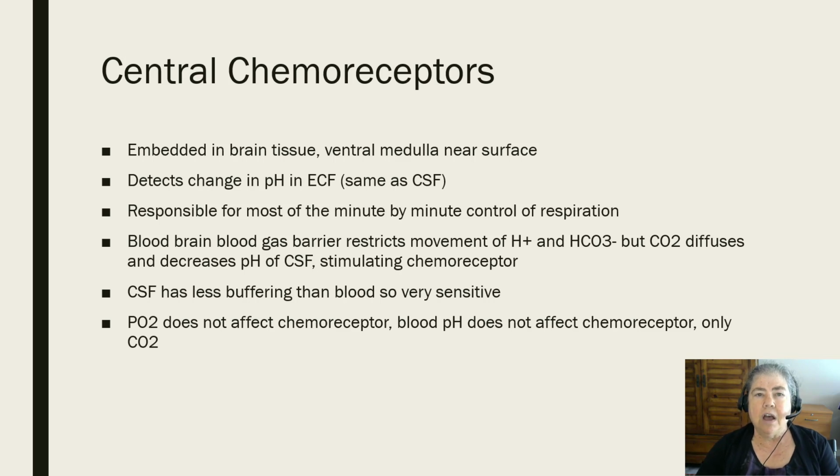So I want to talk in somewhat more detail about chemoreceptors. And I've kind of danced around this a little bit, that the central chemoreceptors, they're part of the brain, they're part of the central nervous system.